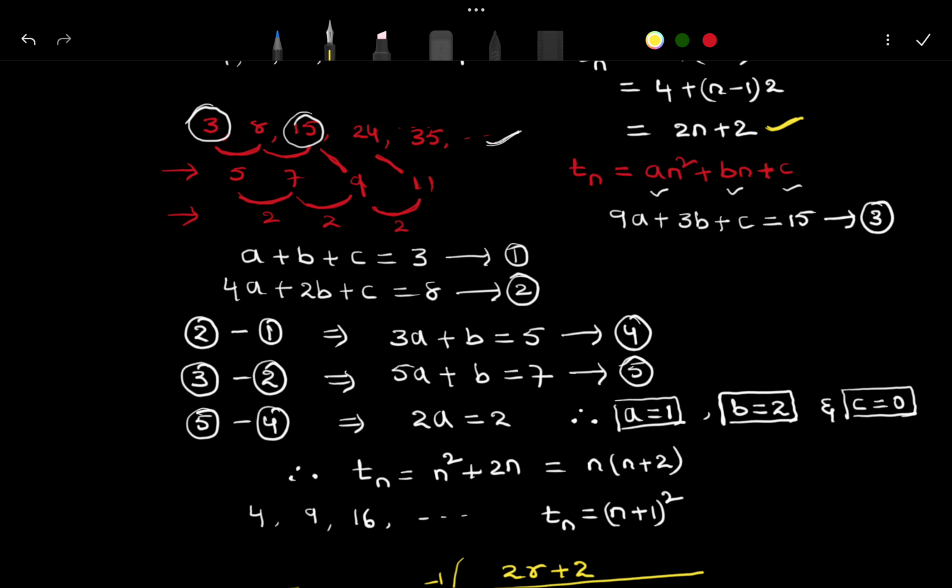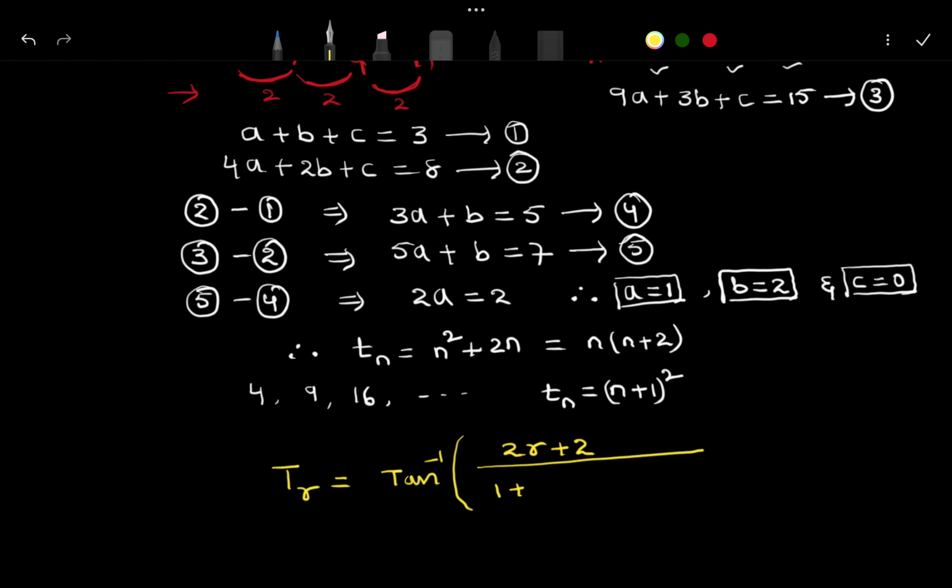the first factors are 3, 8, 15, 24, whose nth term is n into n plus 2, multiplied by the nth term of the next factors, which is n plus 1 whole square. Here we replace n with r.